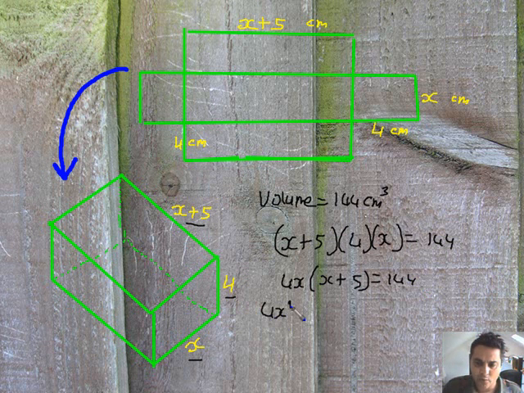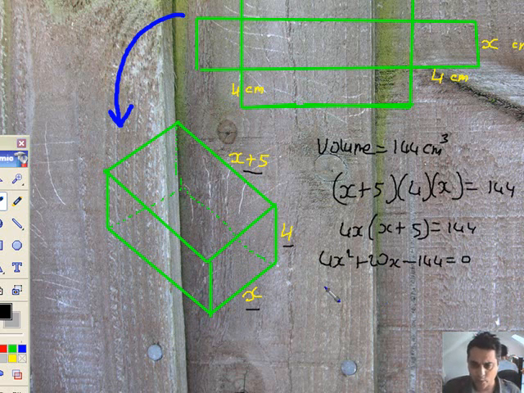Multiply out: 4x squared plus 20x. Bring the 144 to the left hand side: minus 144 equals 0. Now, I'm sure I can divide by 4 if I'm really clever, just to simplify down this quadratic. So I'm now going to divide by 4.